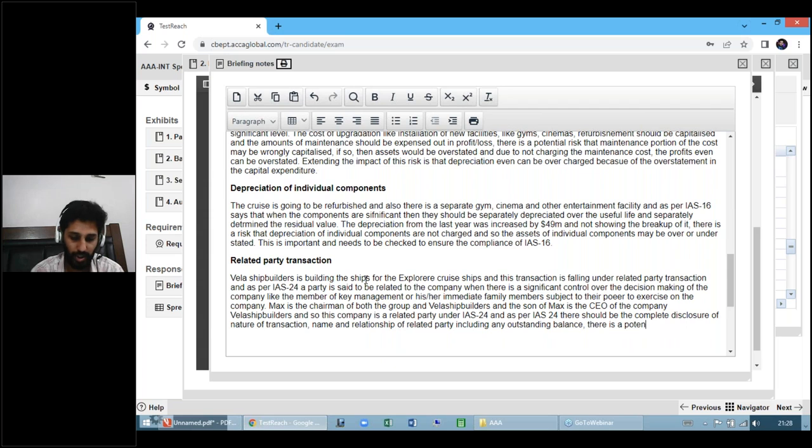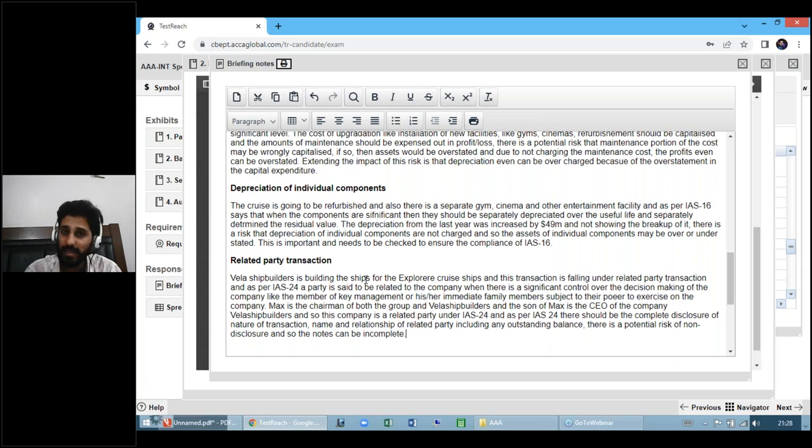There is a potential risk of non-disclosure, and so the notes can be incomplete, and simultaneously you need to explain why this risk is a significant risk. You should write why this risk is a significant risk, right?